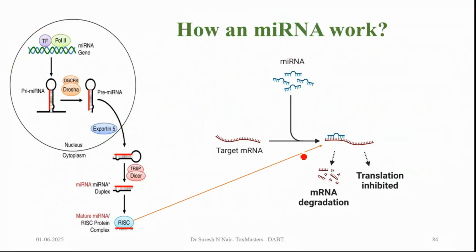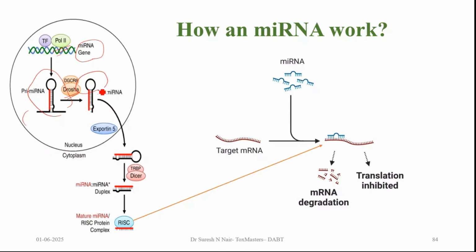I have given it in a diagrammatic way. So this is the polymerase enzyme which will synthesize the microRNA. This is the gene for the microRNA which will synthesize the primary miRNA. And this primary RNA, with the help of the enzyme DROSHA, will be converted to pre-miRNA. The exporting protein will transport it outside, and it will have a stem loop.